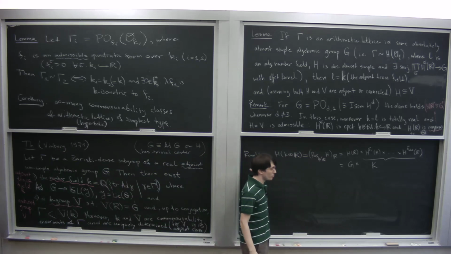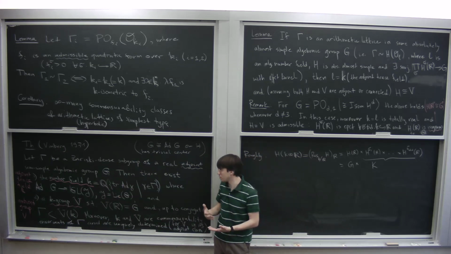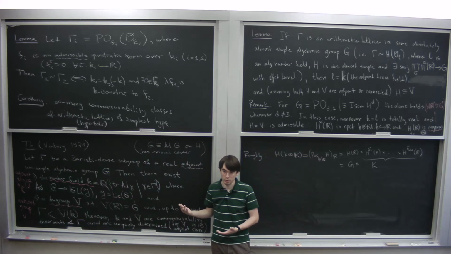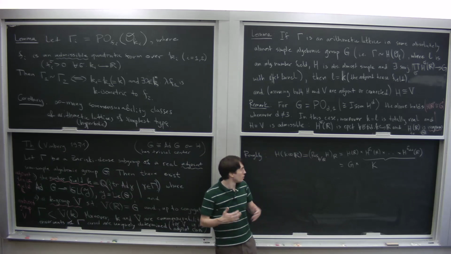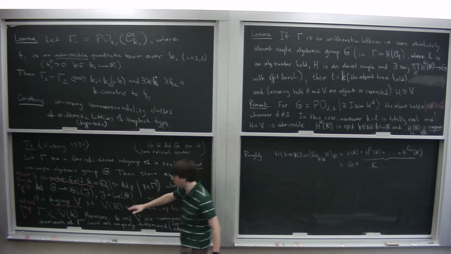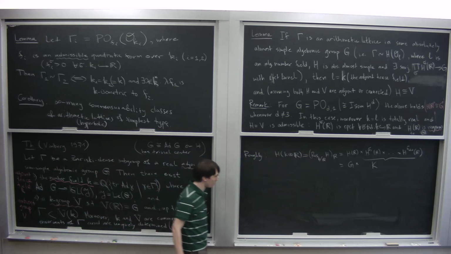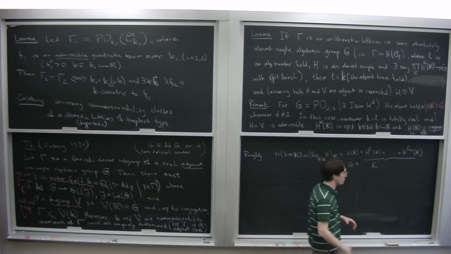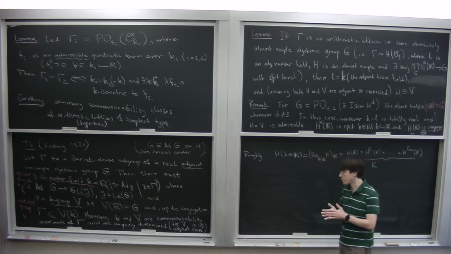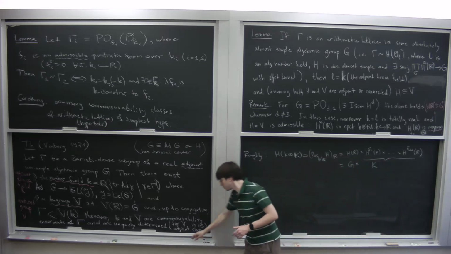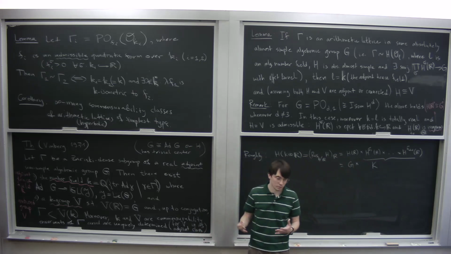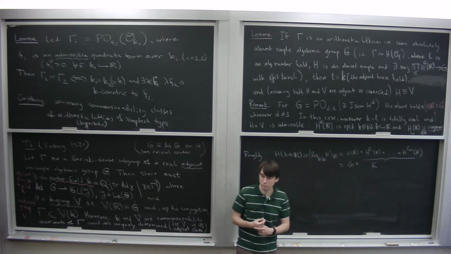So this gives us an opportunity basically to distinguish commensurability classes of lattices in particular. You just need to construct this field. In some cases, like for instance for reflection groups, this construction is quite concrete, I would say.